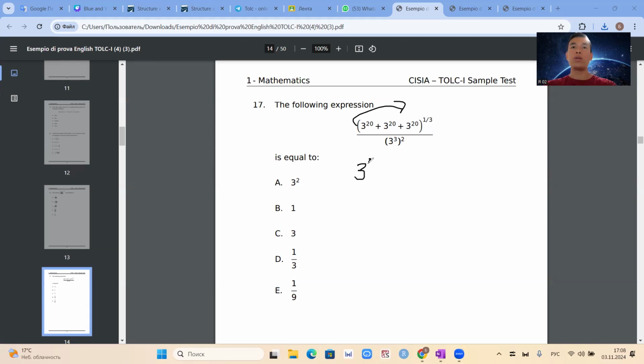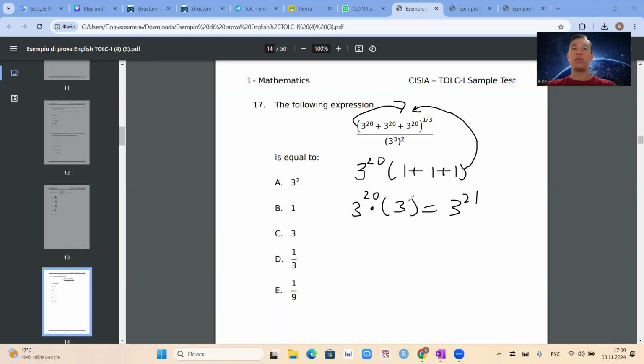For example, if we write it like this, 1 plus 1 plus 1, this is actually the same as 3 to the power of 20 plus 3 to the power of 20 plus 3 to the power of 20. So we are factoring it out. Then 3 to the power of 20, in brackets, it's just 3, because 1 plus 1 plus 1 is 3. And 3 to the power of 20 multiplied by 3 will be equal to 3 to the power of 21.